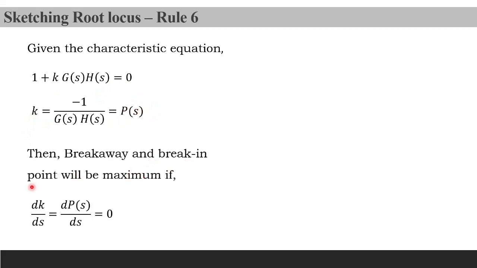For break-in and breakaway points, I'll check the rate of change of k equals 0. That's the condition for a relative maximum, if you remember, right? So I'm calculating the maximum value of k. The slope is equal to 0 when you have such a situation, right? So simply you can substitute this function here, calculate the values of k, and you can find the breakaway points. Let's see an example to demonstrate what I'm trying to say.